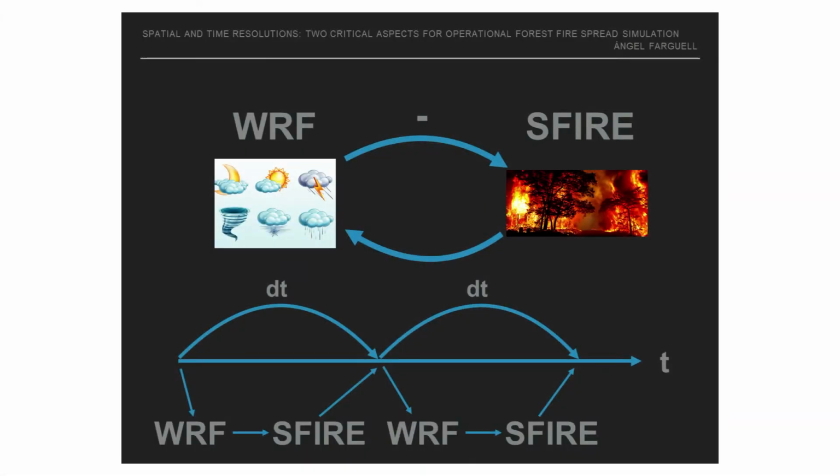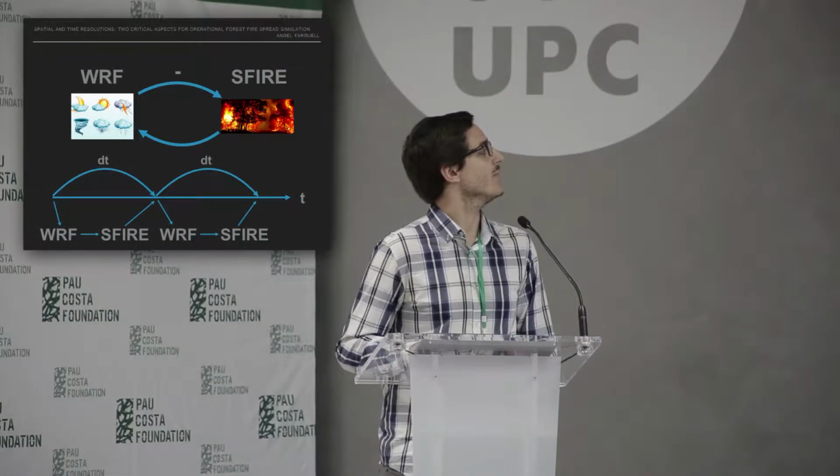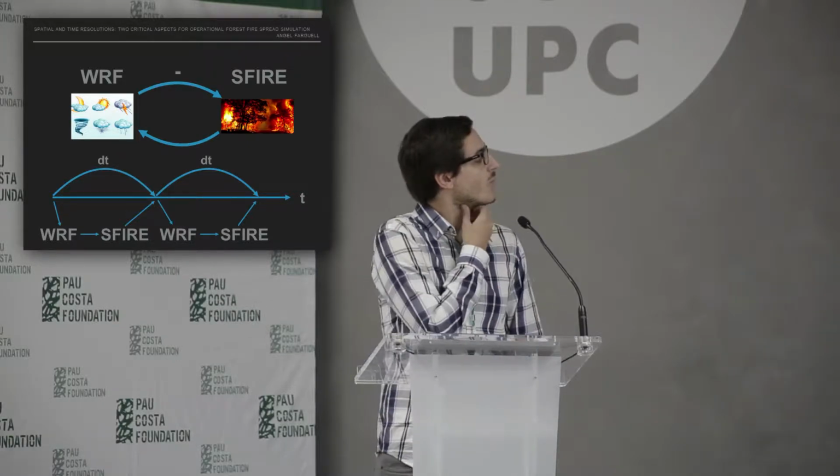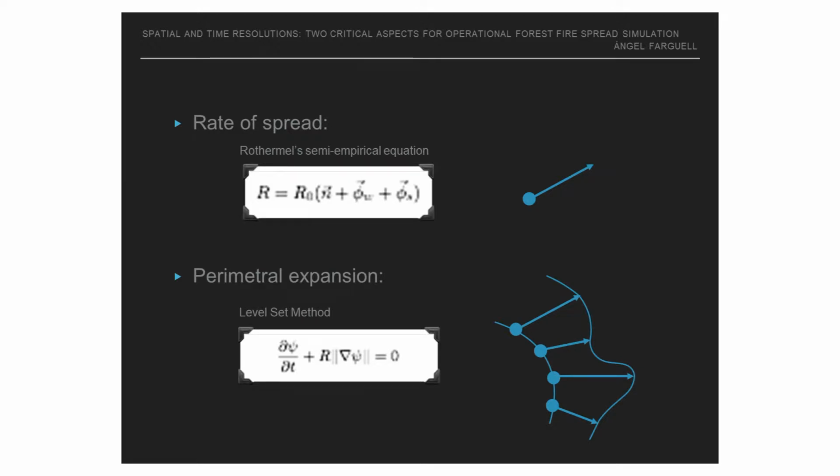So if we look at the literature on this feedback between fire and atmosphere, there are two main strategies. The first strategy, I call it the unidirectional strategy, where we pre-calculate the atmosphere state at different times, and then we use this information to propagate the fire.